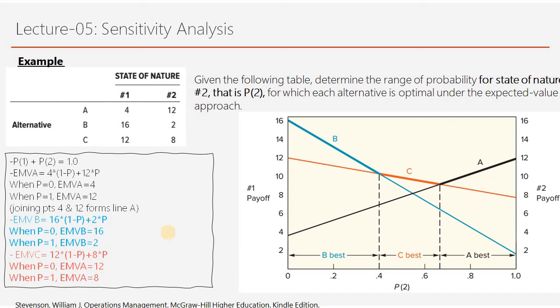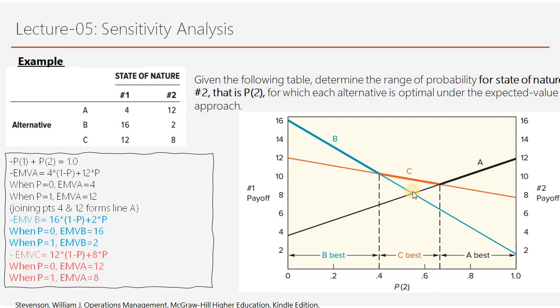Now, the second point is determining the intersection between the 2 lines. Now you might ask me, why don't I calculate all of the intersecting points? Suppose I calculated this intersecting point between line A and B, but you see that this point is lower than these 2 points, and we are talking about payoffs.